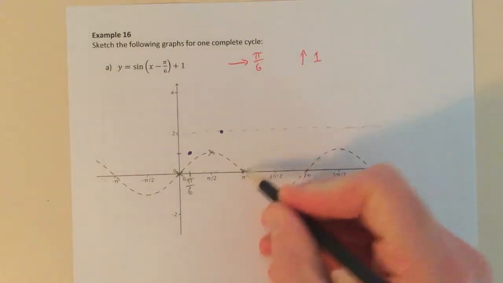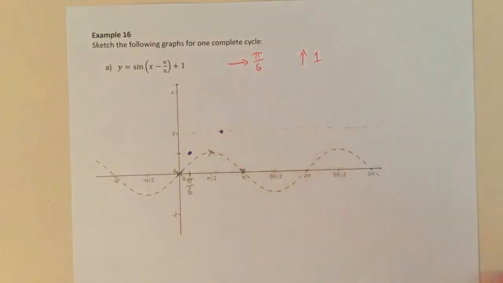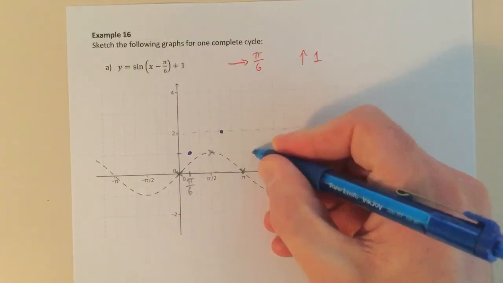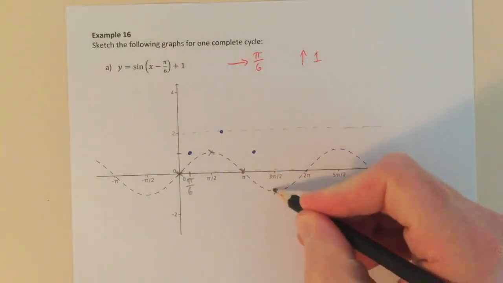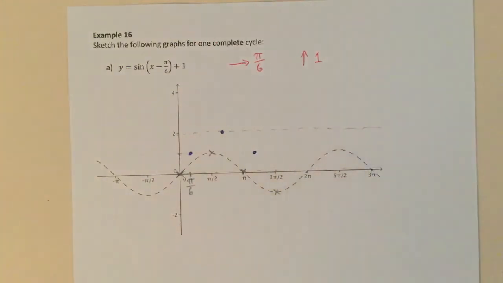Then the x-intercept at pi, up 1 unit, across pi on 6 units. So you can see we're just building up from our key reference points. Now the minimum at 3 pi on 2 again goes up by 1 unit and across by pi on 6.